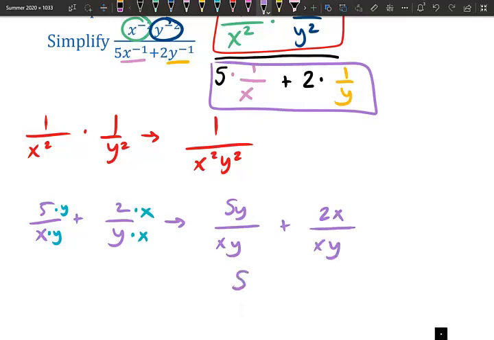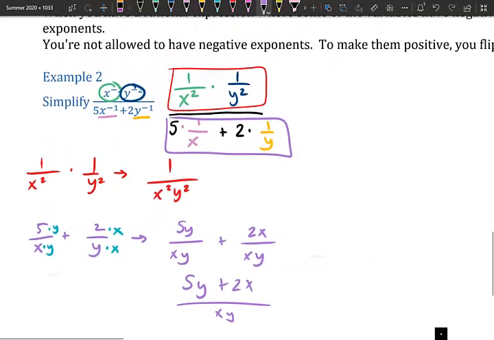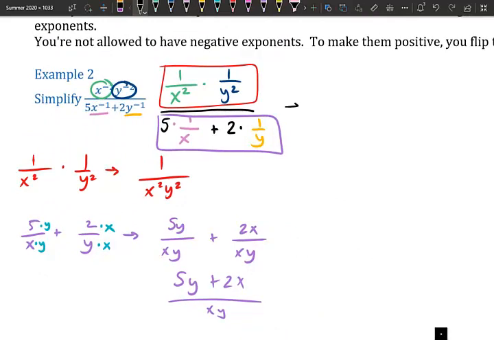And so now we have 5y plus 2x over xy. So let's put it where it's supposed to be. On top, we now have 1 over x squared y squared. And on the bottom, we now have 5y plus 2x over xy.